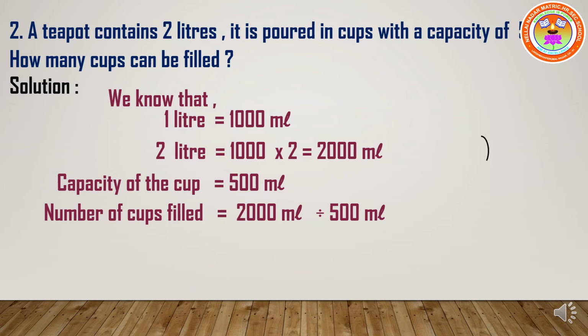Now, let us start the division. 2000 will be the dividend and 500 will be the divisor.